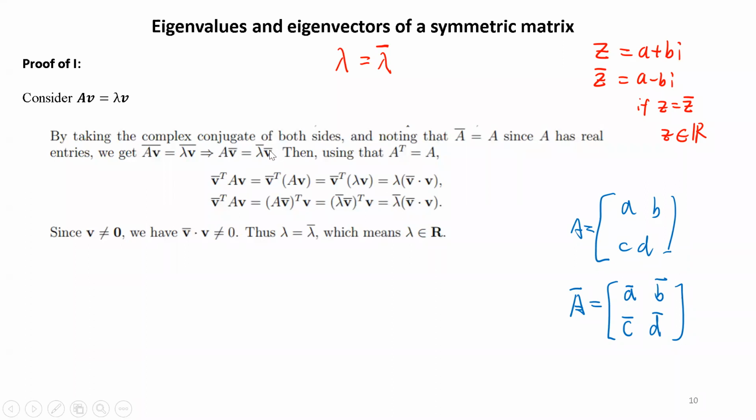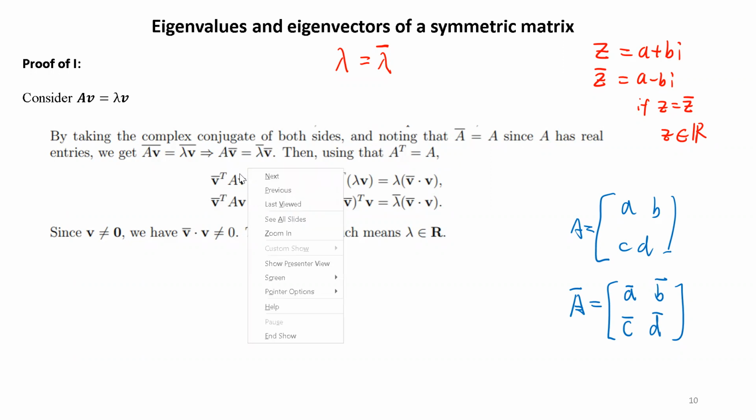Now what I'm going to do next is consider a dot product. This is the dot product between the V conjugate vector and the vector AV.